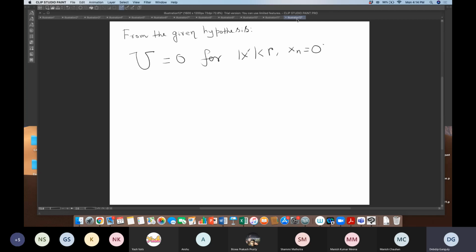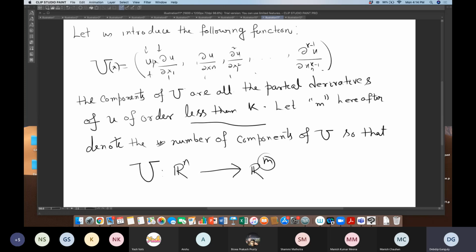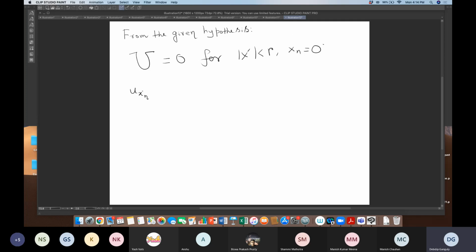Now you tell me, it's a very important thing I am asking you. Just now you have to compute small u xn. This is u1, this is u2, u3, up to un. So I am asking, we have to calculate the derivative of U in xn. How to do this?